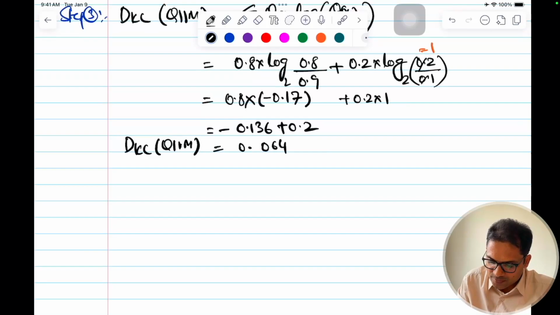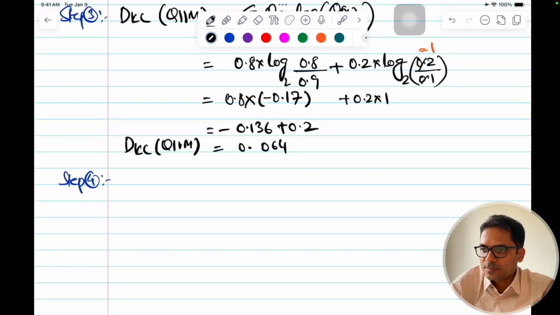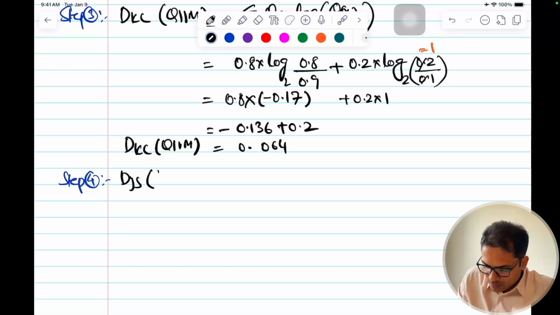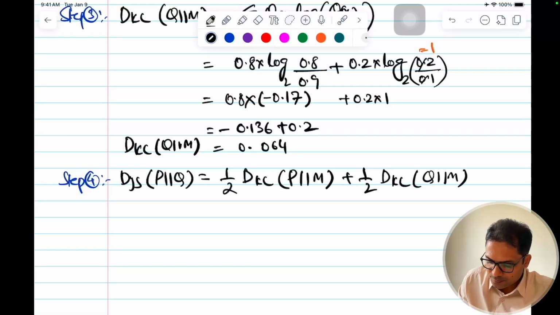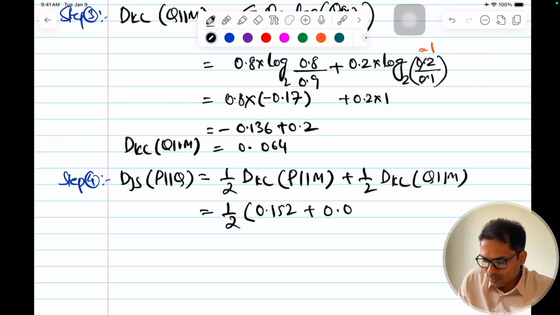So final step 4, let's calculate JS divergence. So this is equal to DJS of P and Q is equal to half of DKL of P and M plus half of DKL of Q and M. Okay, this is half of 0.152 plus 0.064.